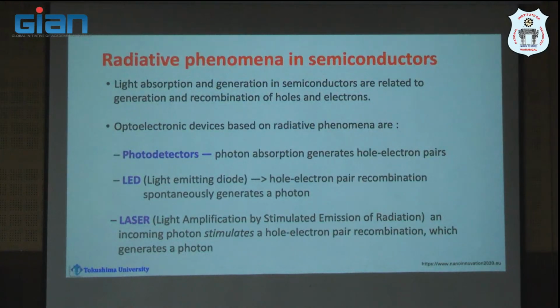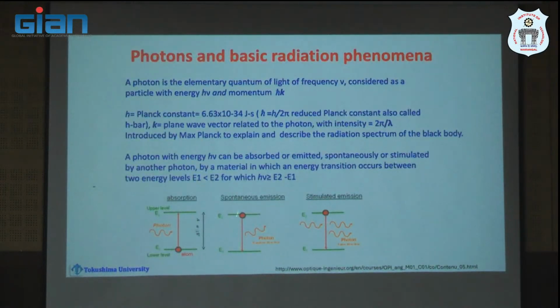So light is an important part of optoelectronics. Light absorption and generation in semiconductors are related to the generation and recombination of electron and hole. So everything is related to the movement of electrons, even when we talk about simple photocatalysis or optoelectronics.